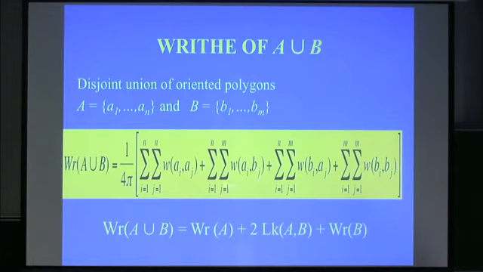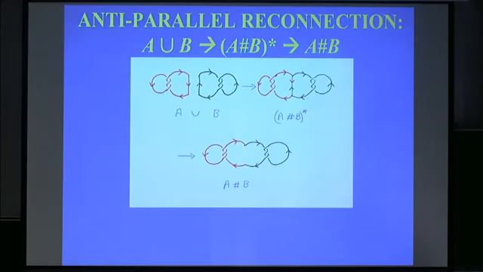This is the linking number of A and B. This is the linking number of B and A, which happens to be equal to each other, linking being symmetric in the 3-sphere. And this is the writhe of B. So you get this formula for the writhe of the disjoint union of two circles. And here I'm going to think about reconnection by looking at an intermediate.